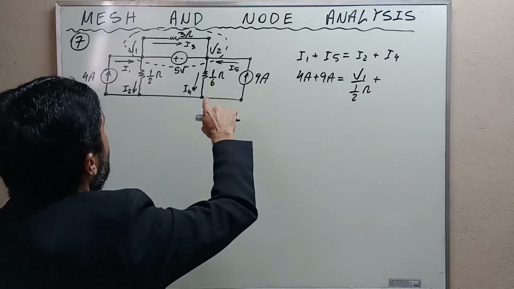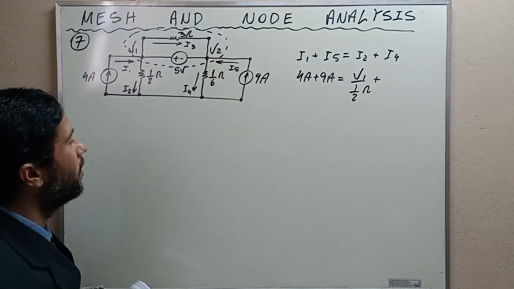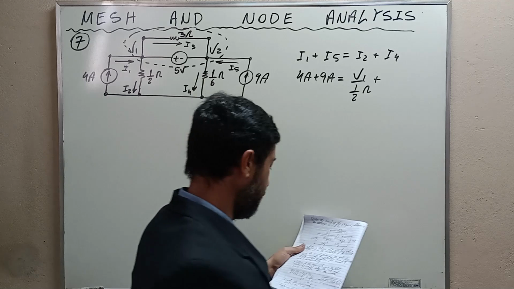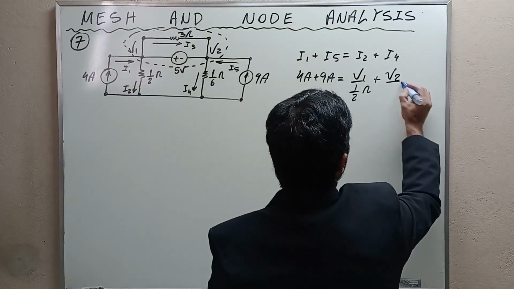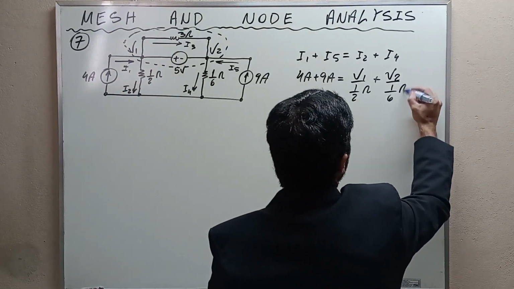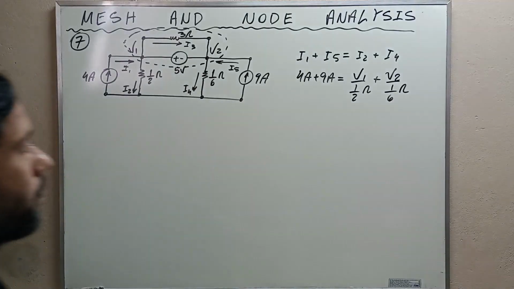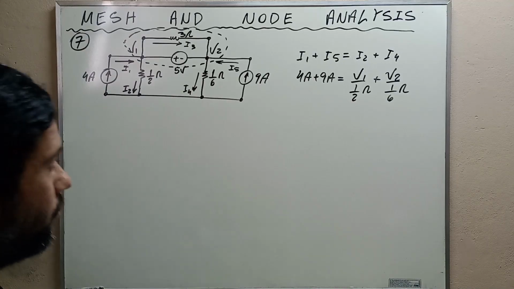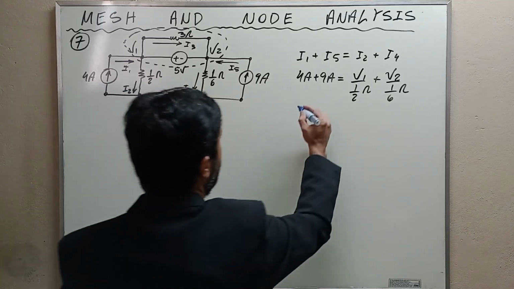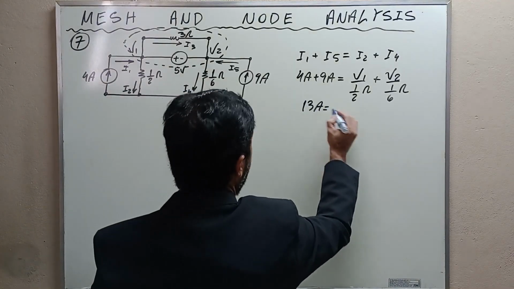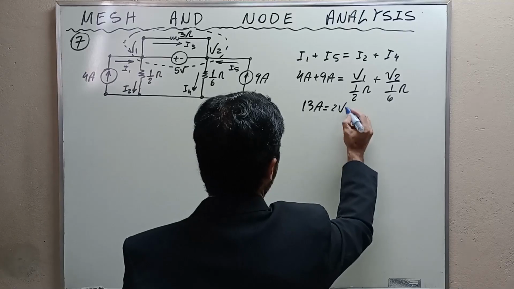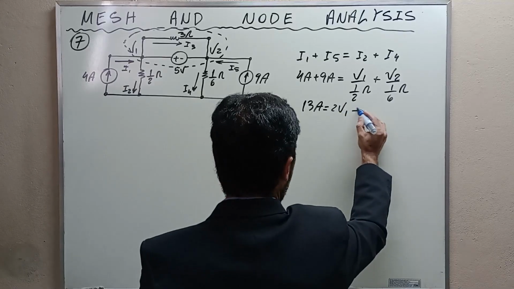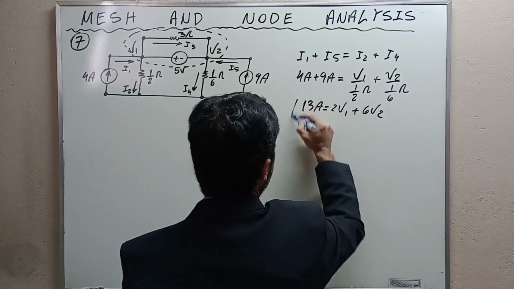And I4 is V2 divided by a sixth. If we solve, we find that 13 amps is equal to 2V1 plus 6V2.